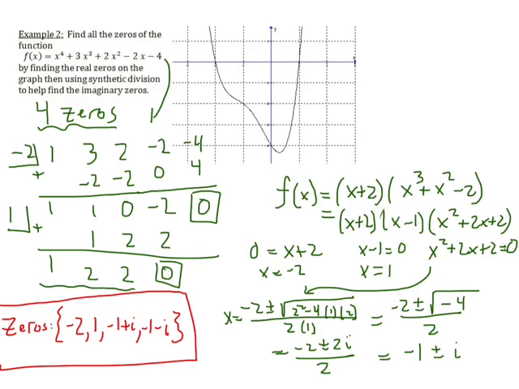So once again, the Fundamental Theorem of Algebra states that since we have a 4th degree polynomial here, x to the 4th, we should have 4 zeros. And we do, 4 complex zeros. These are complex numbers, even though some have no imaginary part, because they have a real and an imaginary part. So 4 zeros for a 4th degree polynomial, and that is the Fundamental Theorem of Algebra.